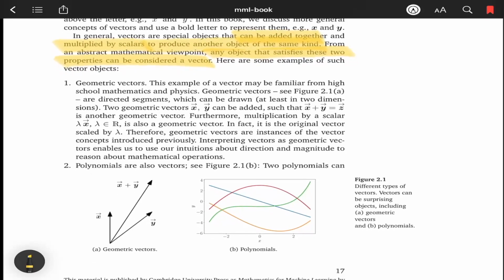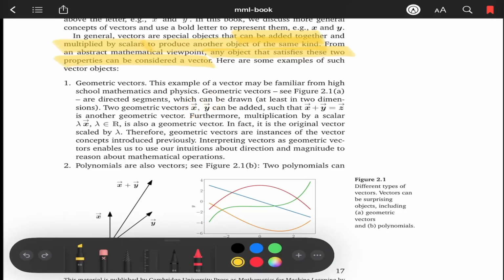Okay, so let's start. Number 1. Geometric vectors. This example of a vector may be familiar from high school mathematics and physics. Geometric vectors, see figure 2.1, are directed segments which can be drawn. Two geometric vectors x and y, I'll just call them x arrow and y arrow, can be added such that x arrow plus y arrow equals z arrow.